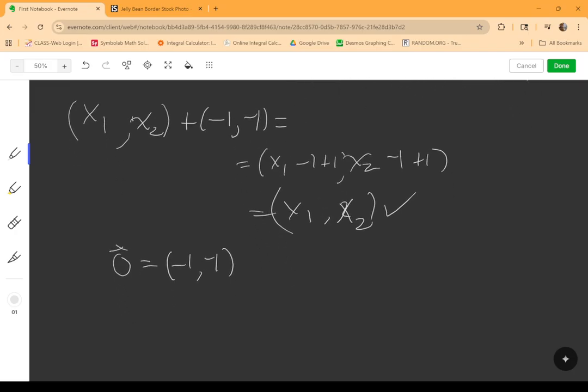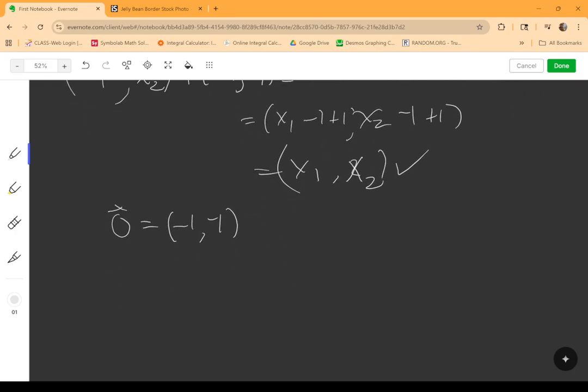All right, now the same thing here for the additive inverse, right? If we have (x1, x2), the additive inverse is going to be defined as (negative x1 minus 2, negative x2 minus 2).